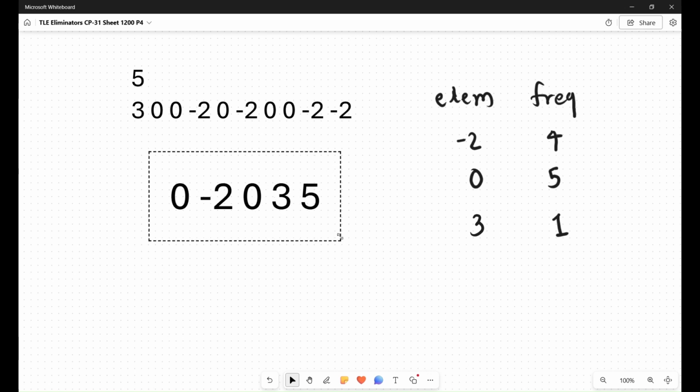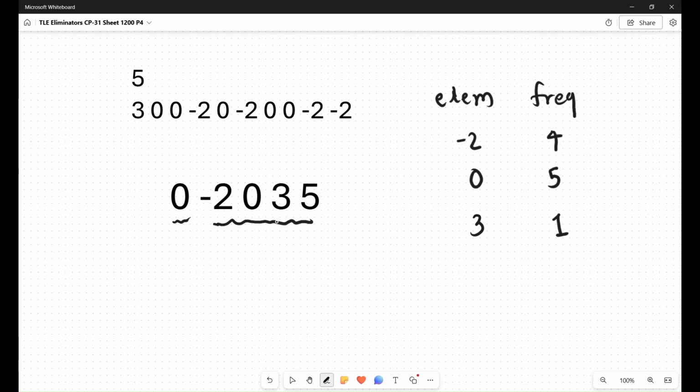We can notice that for this 0, these 3 elements will give you 0, and for this 0, these 2 elements will give you 0. So the frequency of 0 would be 5. For this minus 2, all the elements will give you minus 2 from that pair, so the frequency of minus 2 is 4.